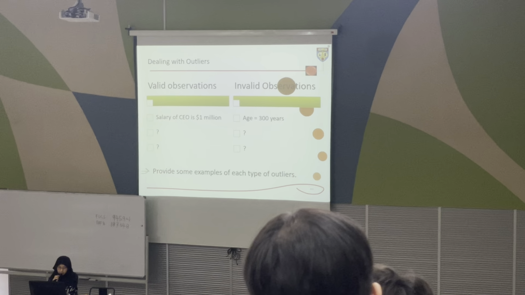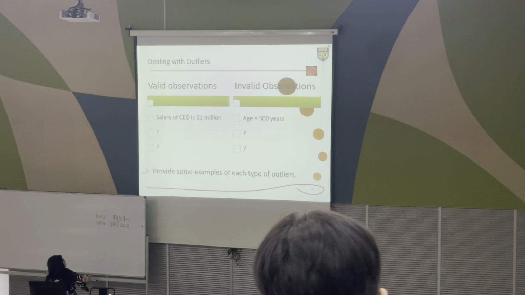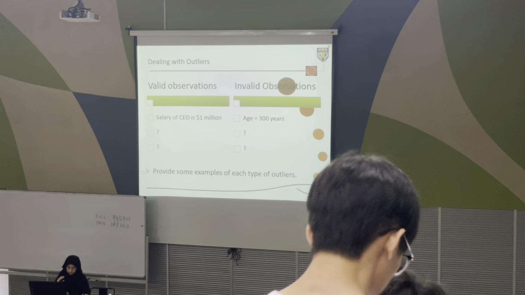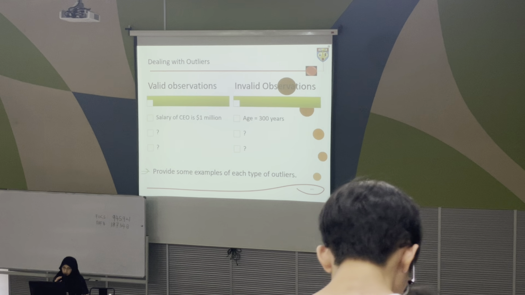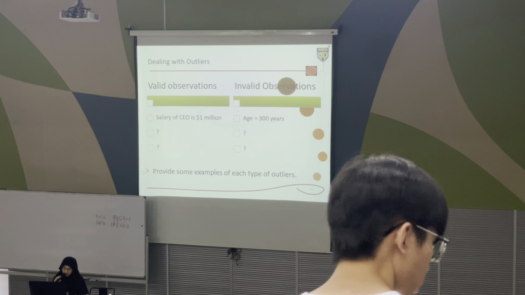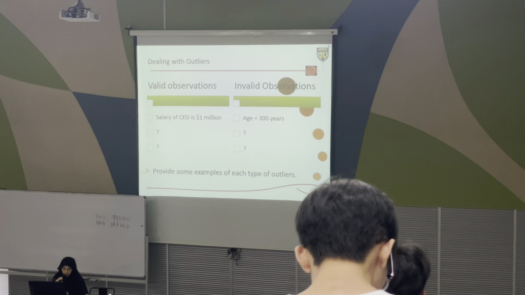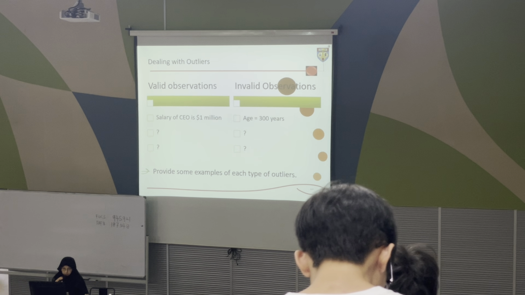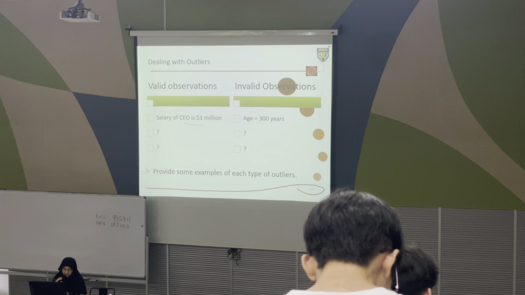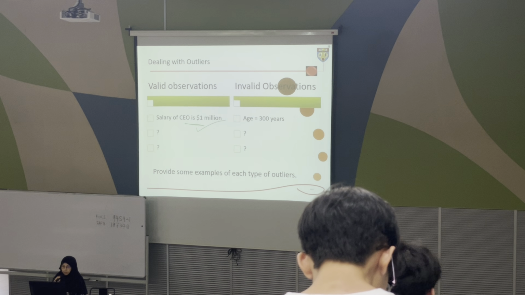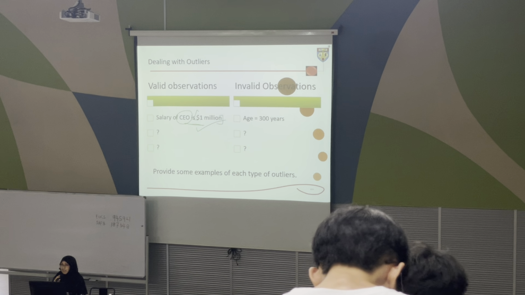Okay, and then we have a few examples here. Assuming that you are conducting a questionnaire or survey, if you write the option like this, this one is considered as a valid observation, because the salary of a CEO might reach 1 million.